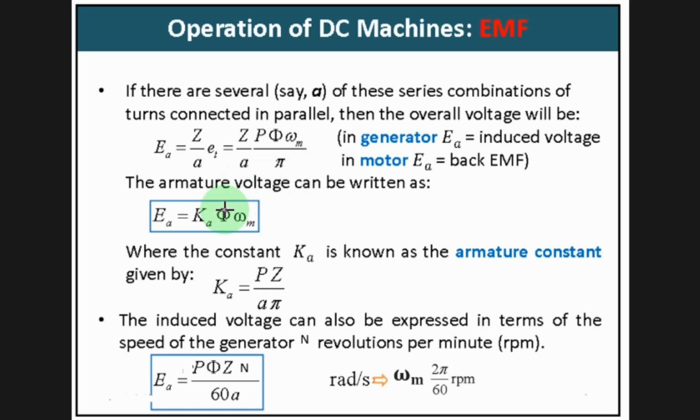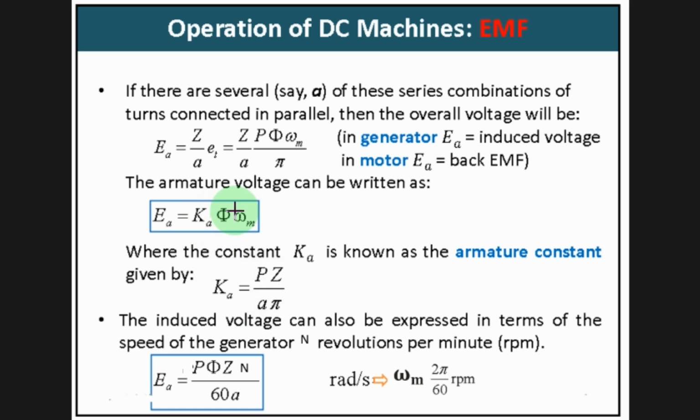So if you take φω_m out, what you get is ZP over Aφ, that is actually number of conductors times the number of poles divided by number of parallel paths. So it is called armature constant. Sorry, PZ over Aφ is called the armature constant.